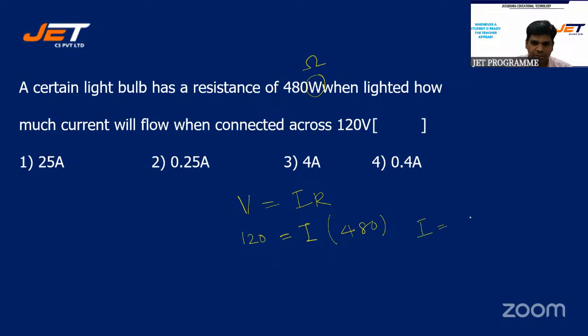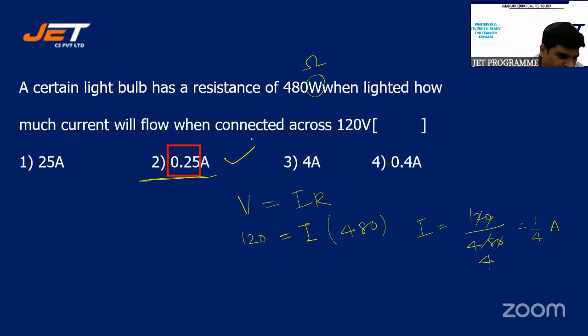I is equal to 120 by 480. So it is 1 by 4 amperes or 0.25 amperes. So let's look at the answer. Yes, it's 0.25. All right.